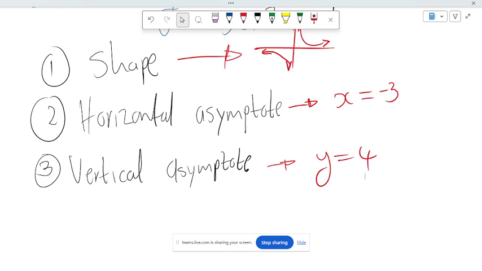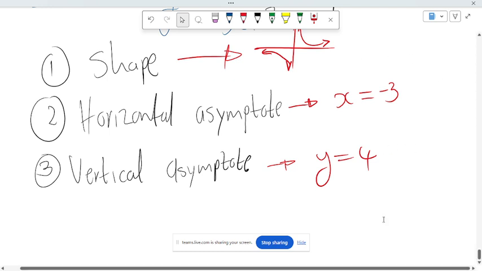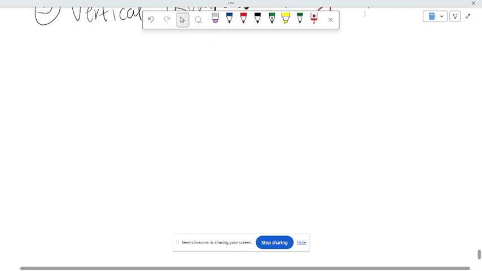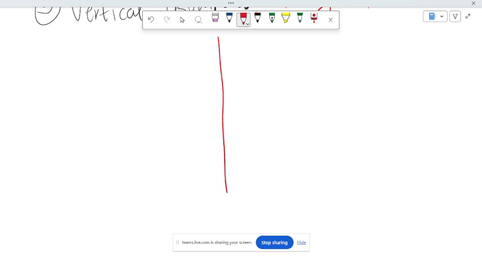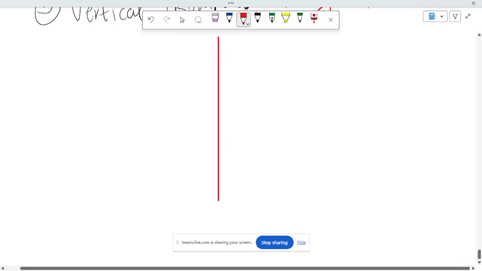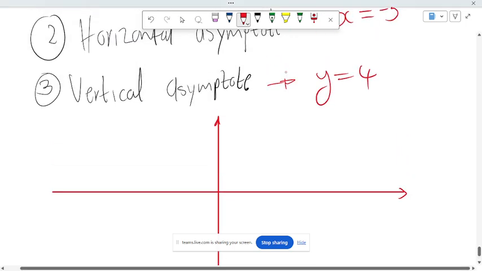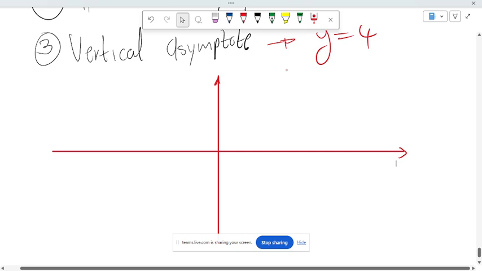The first thing you need to take note of is that you need to draw the asymptotes first. Let's draw a graph. Say this is our graph. So what are the asymptotes that we have? We have x is equal to -3. Let's say the -3 is here.